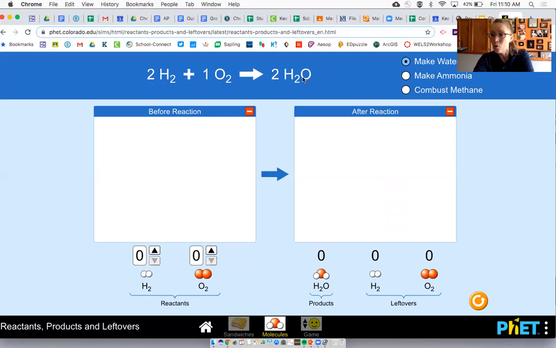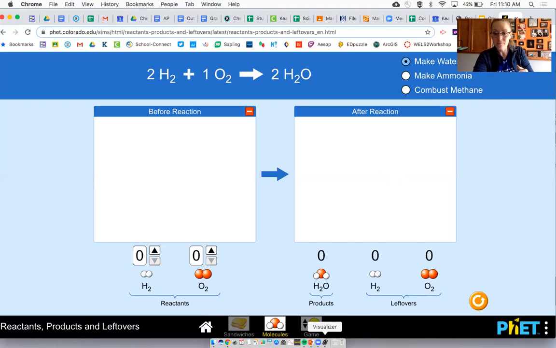This is the mole ratio. Okay, we're going to go to our mole map because we want to write this down. This is an important way that we can convert. I can find out how much of something is used or how much of something is created if I know the mole ratio.